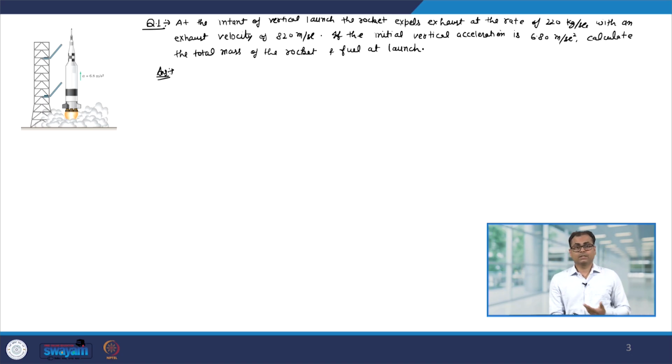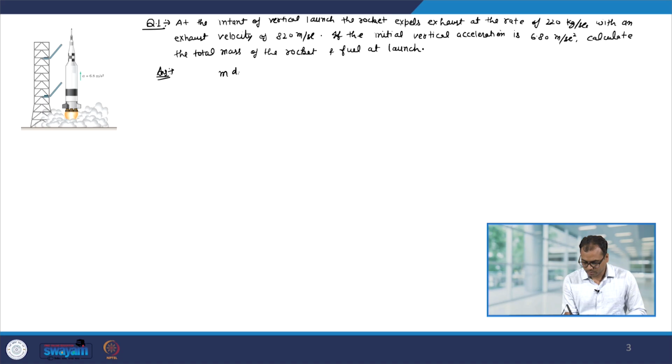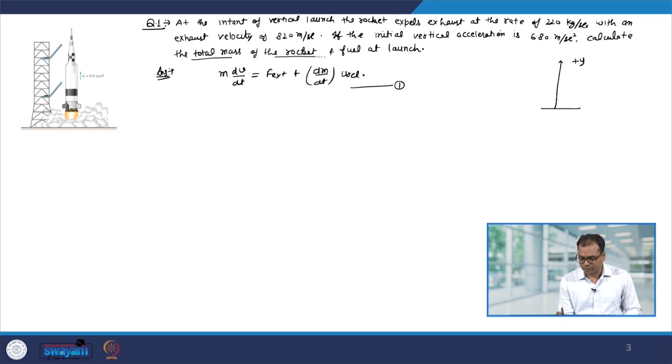So, clearly this is a variable mass problem. Therefore, let us use this formula m dv by dt equal to F external plus dm by dt u relative. Let me choose this as the plus y direction. Let us call it equation number 1. In the question we have been asked the total mass of the rocket and the fuel, so m is something that we have to find out.